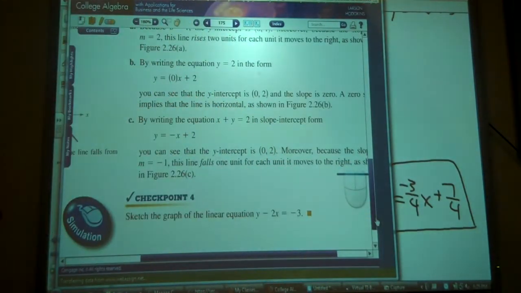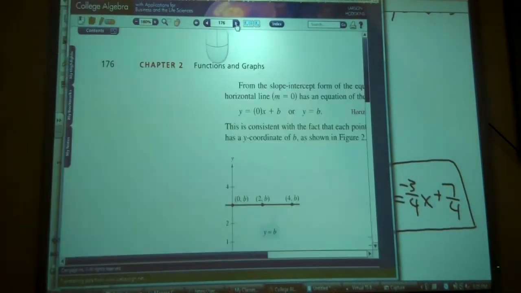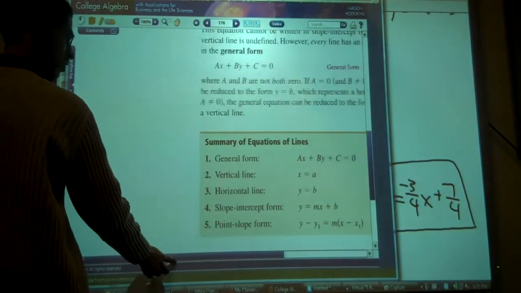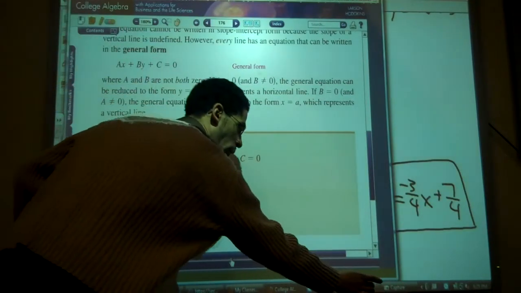So, as if that was enough, right? 2 forms. Here comes a third form. Yeah, here we go. This is a summary of all the forms.